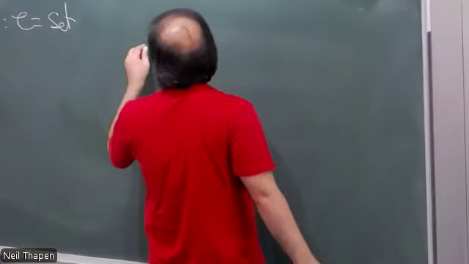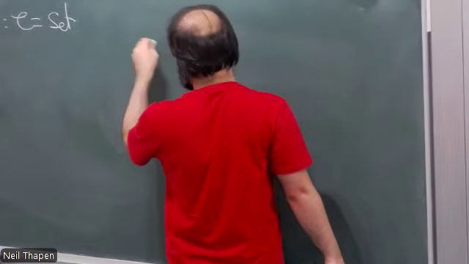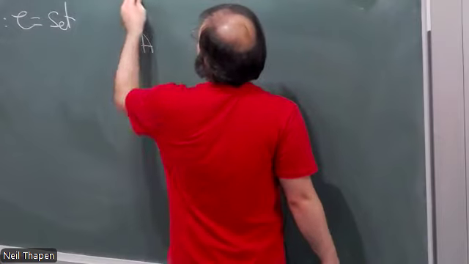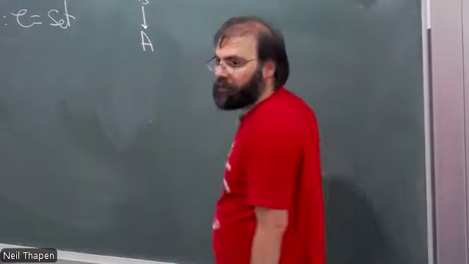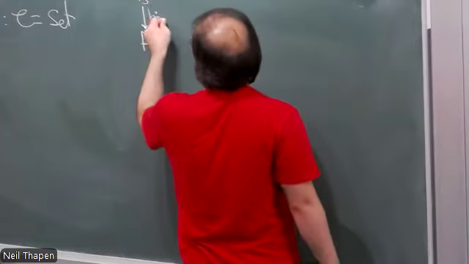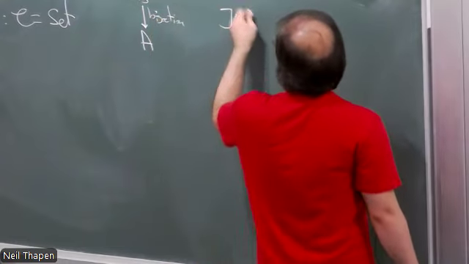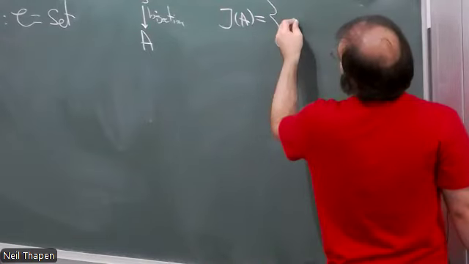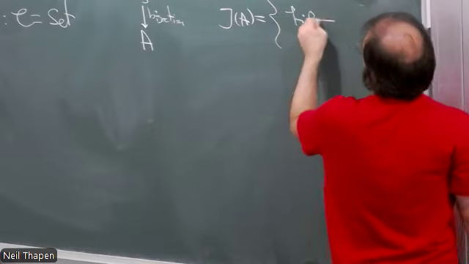As Neil said, it is similar to that. For any object A, the covering family is now just one map, right? And that map is the bijection. So what I mean is this: J of A is the set of the families with one element, all the bijections from B to A.